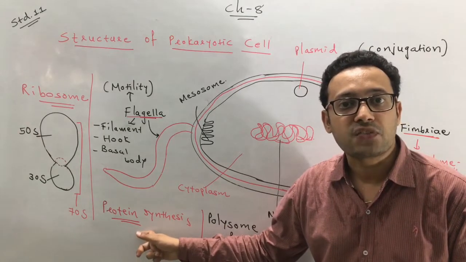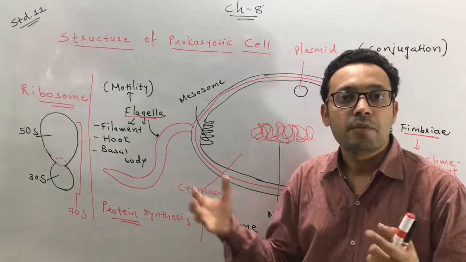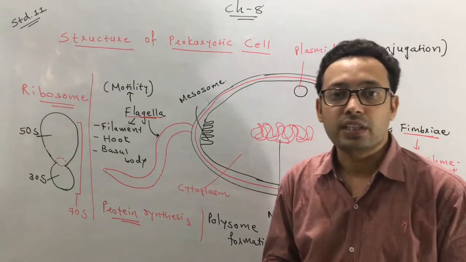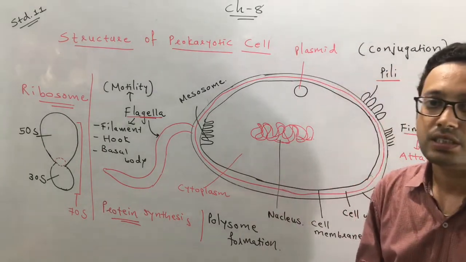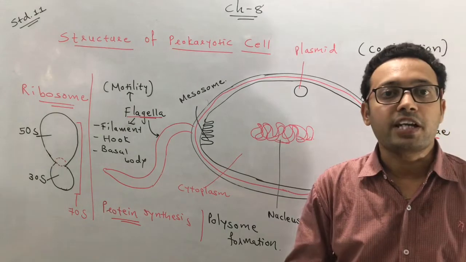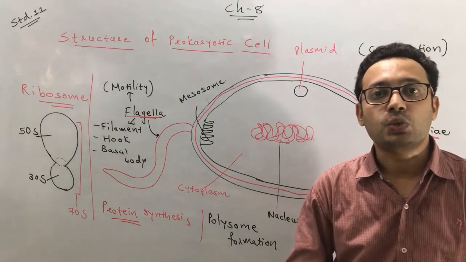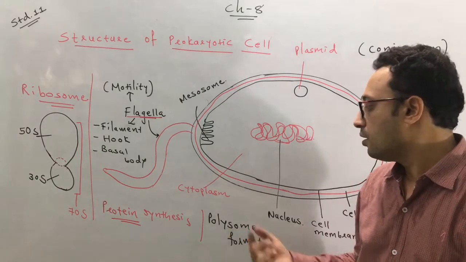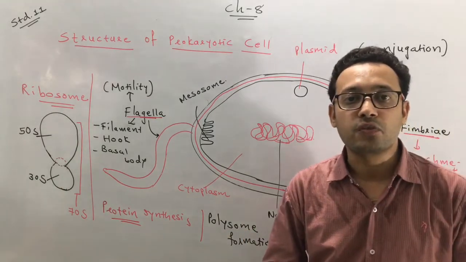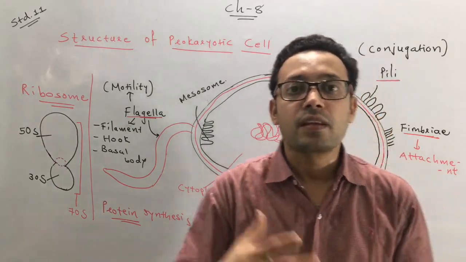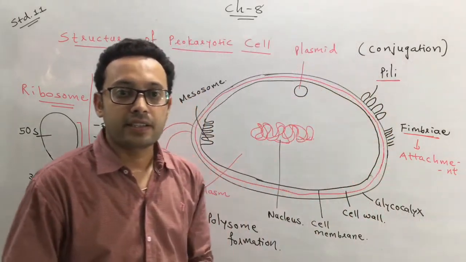Ribosomes are considered factories of protein synthesis because they provide a site and location where protein synthesis takes place. In a prokaryotic cell, many ribosomes attach to a single mRNA and form a polysome. That's about the components in the cytoplasm of a bacterial cell.